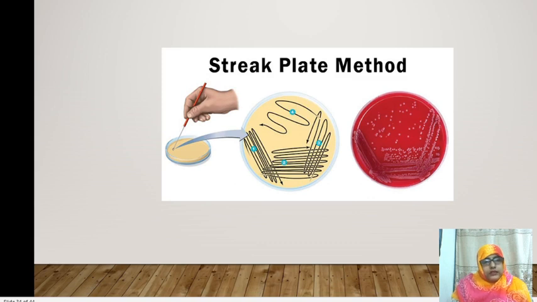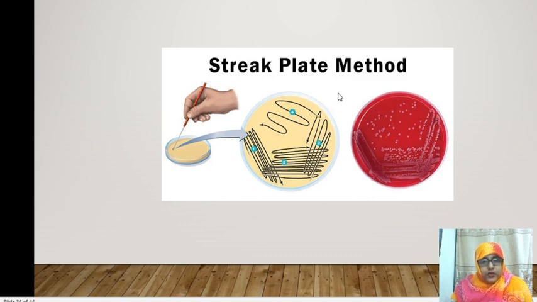How? You can see here, we will take a transfer loop that contains the sample or specimen or inoculum. For example, first the loop is taken, dipped in the first sample, and this pattern is drawn as indicated, 1. Then this loop is taken, heated to make it bacteria free, then dipped in the second sample, second inoculum, then make another pattern.